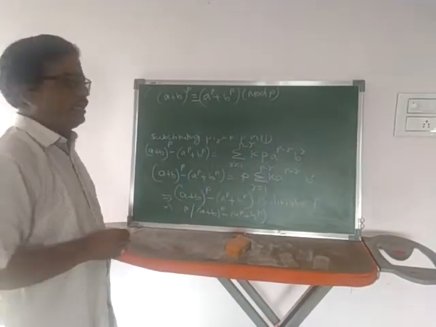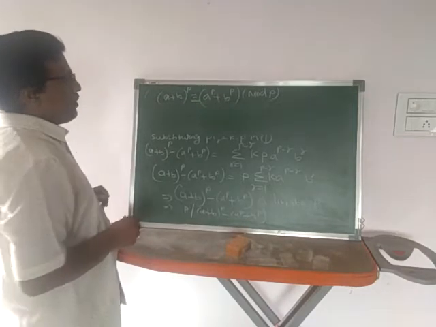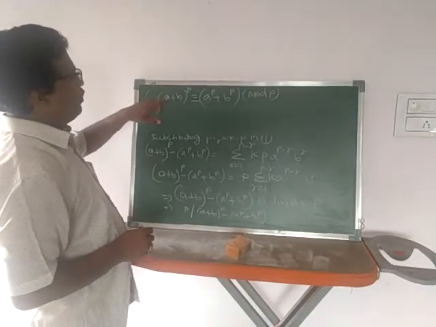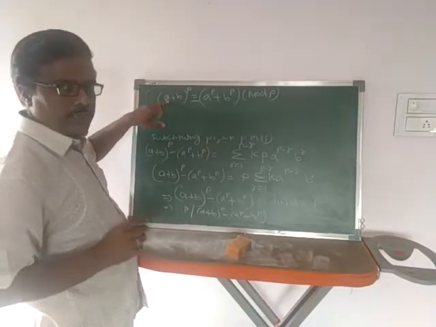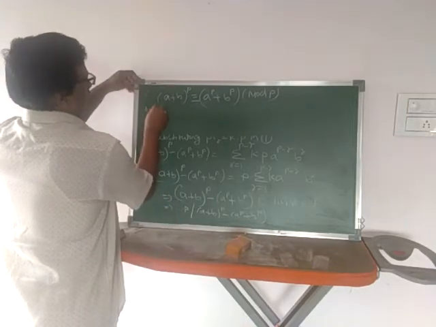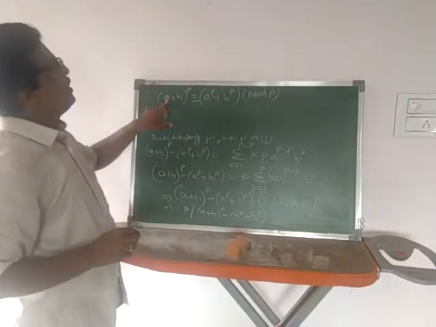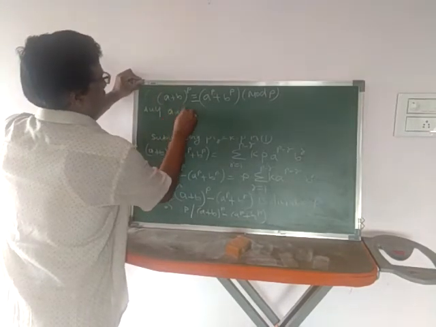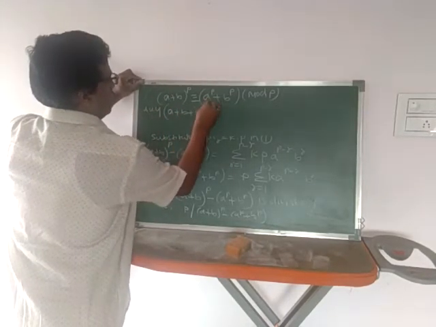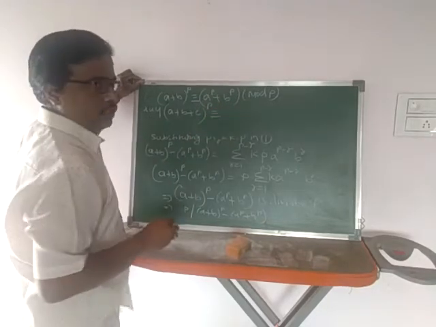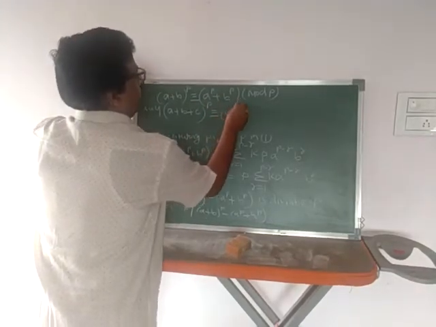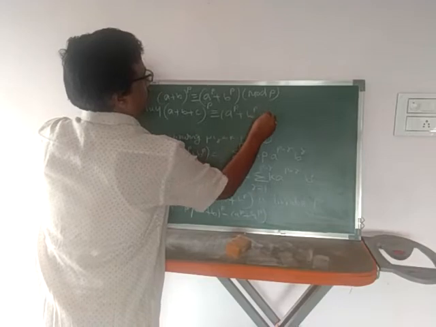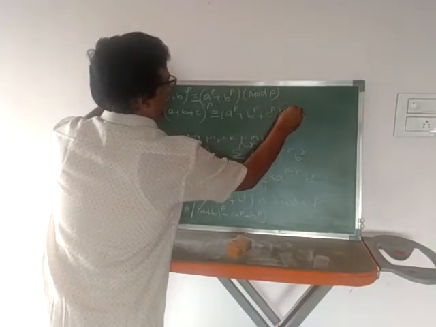p. Okay. So now, in the same way, we prove the theorem for 3 terms. Similarly, if there exist 3 numbers, say a, b, c, we write (a plus b plus c) whole raised to p is congruent to a raised to p plus b raised to p plus c raised to p mod p.